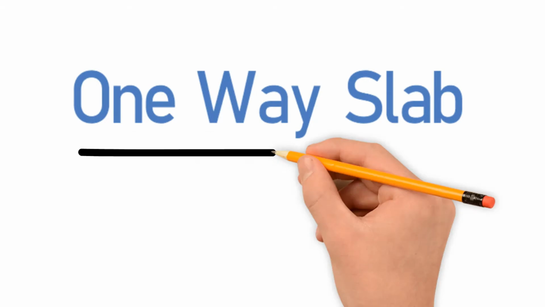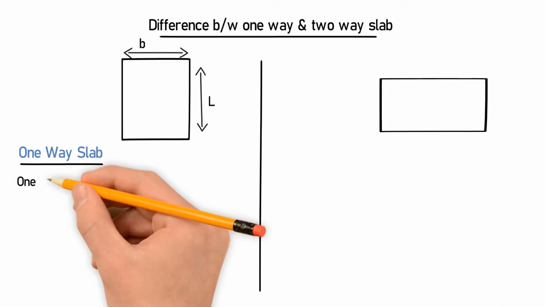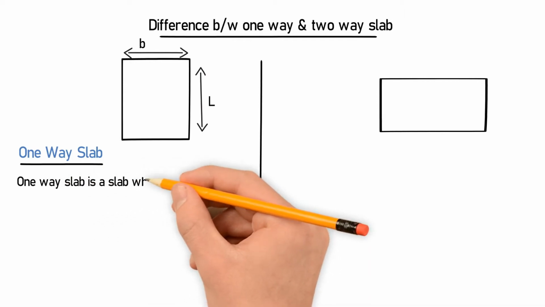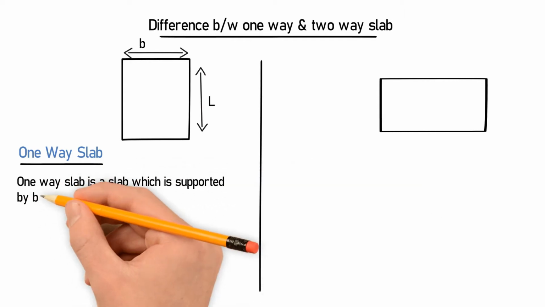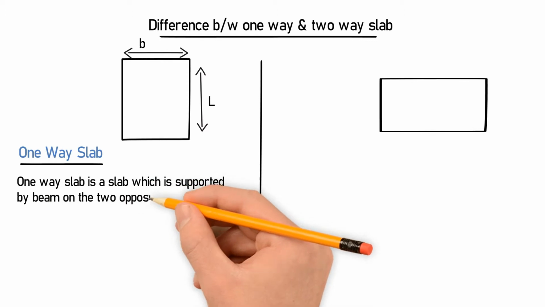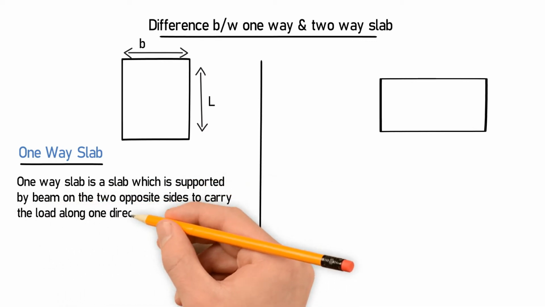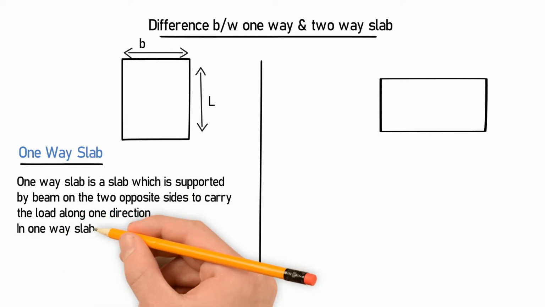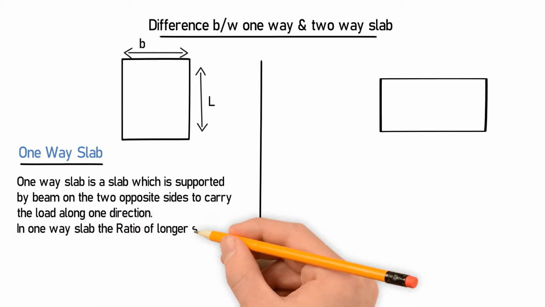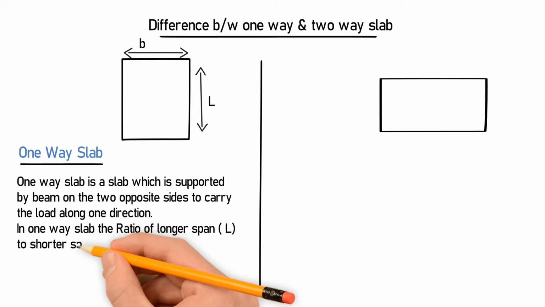Now for one-way slab. One-way slab is a slab which is supported by beam on the two opposite sides to carry the load along one direction. In one-way slab, the ratio of longer span L to the shorter span B is equal to or greater than 2.